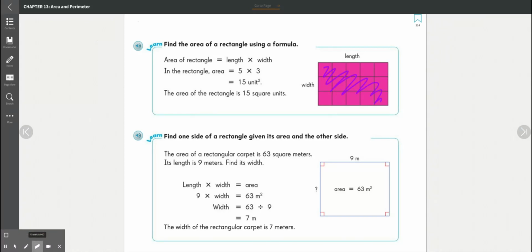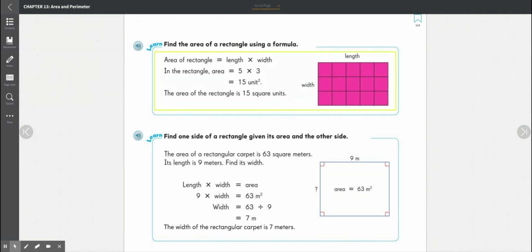So think of something like you're trying to paint the surface of a box, or you have a carpet and you're trying to carpet from wall to wall. The way that we find this is, these are little square units on the inside. They're each worth 1, so you can count these up.